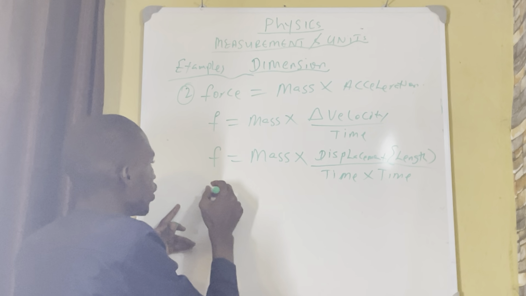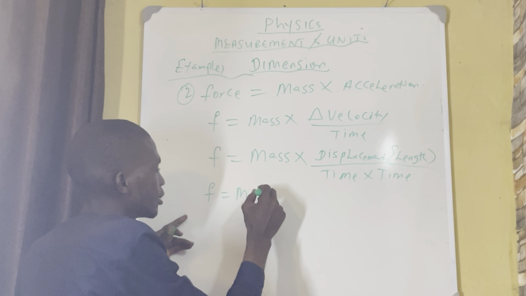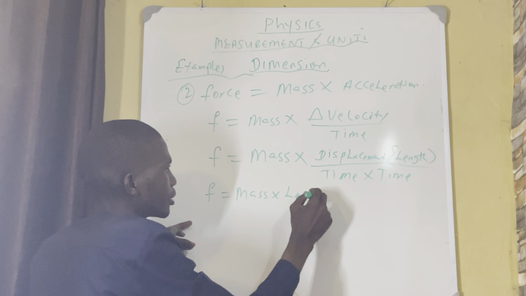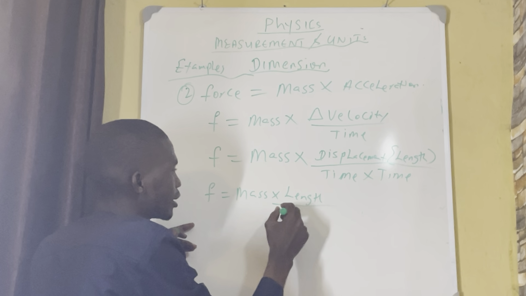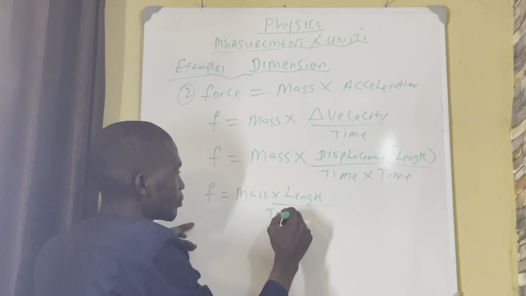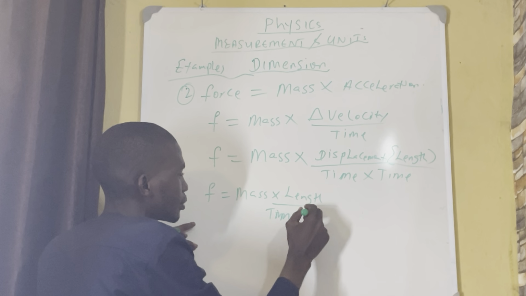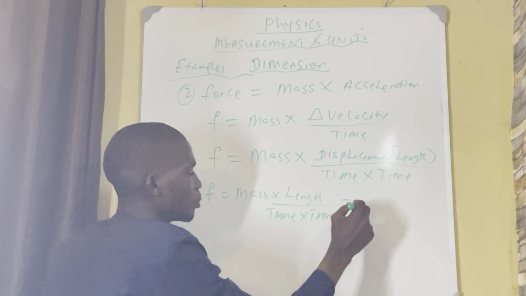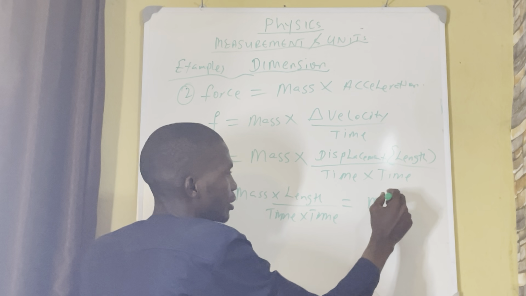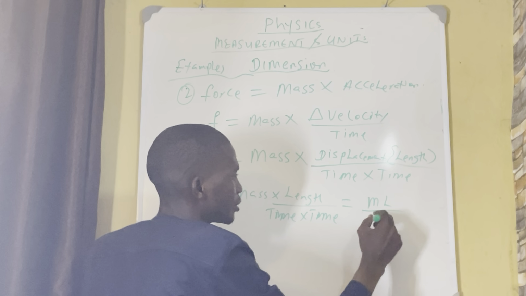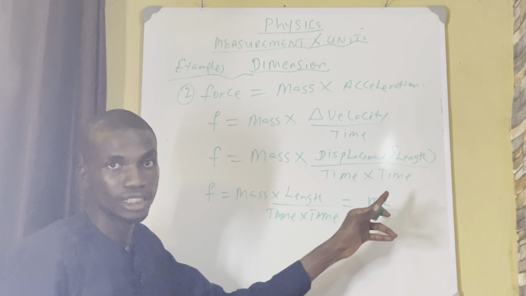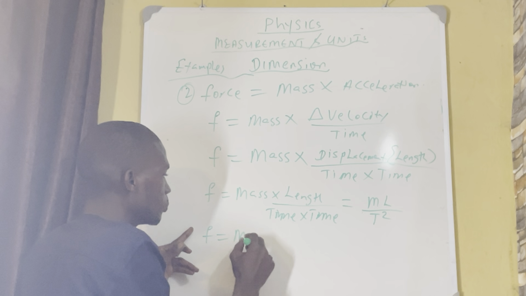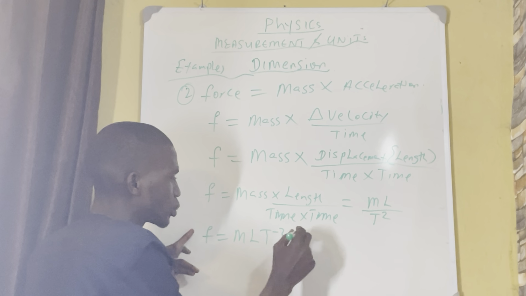So now our force will be mass times length all over time times time, which is time squared, equal to mass length over t squared, which is F equals M L T to the power minus 2.